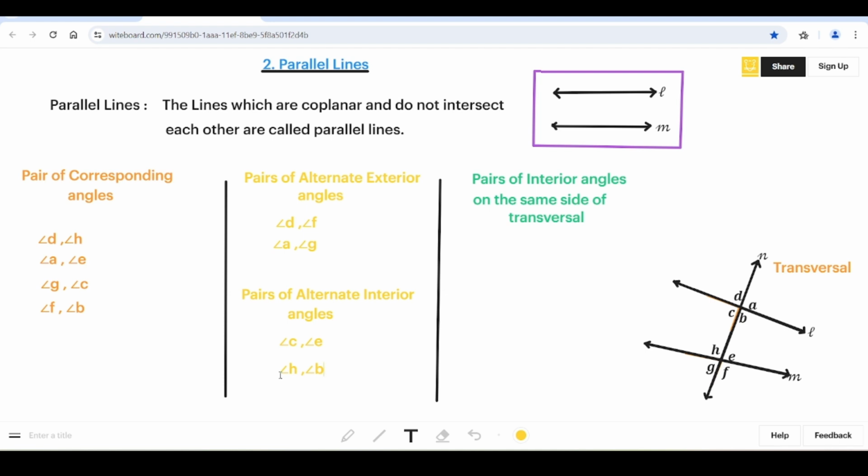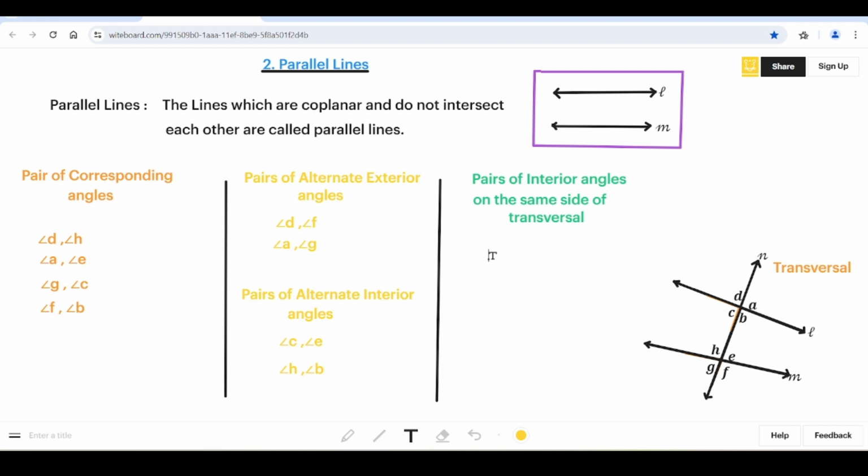Right? Now, the next pair is interior angles on the same side of the transversal. We know the interior angles are C, B, H and E, but now we want those on the same side of the transversal. This is the transversal passing, and C and H are on the same side.